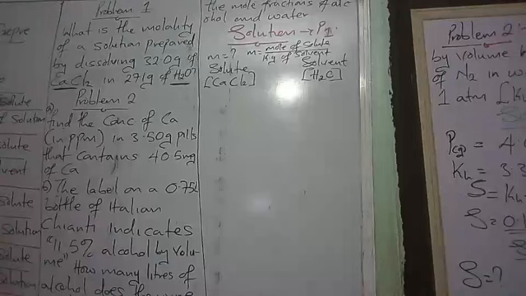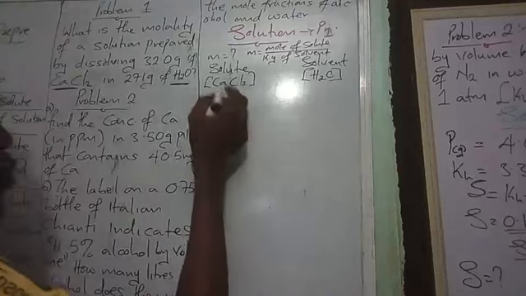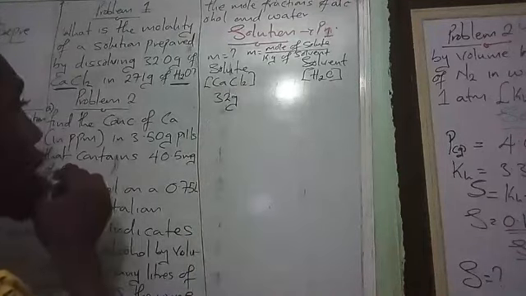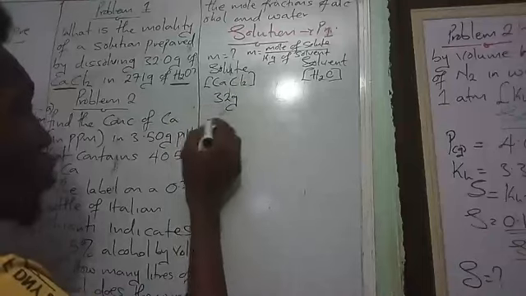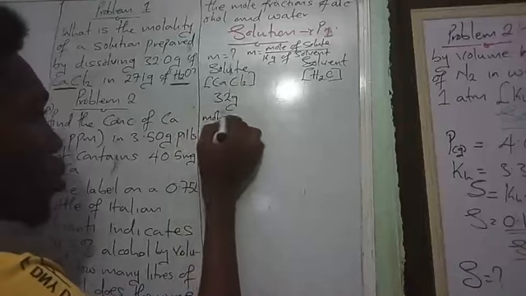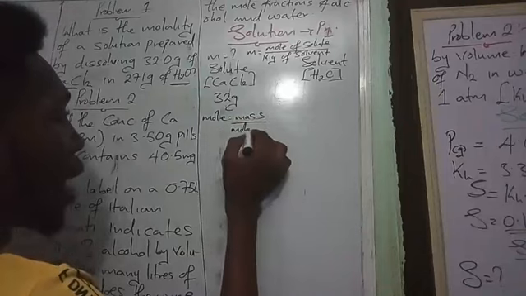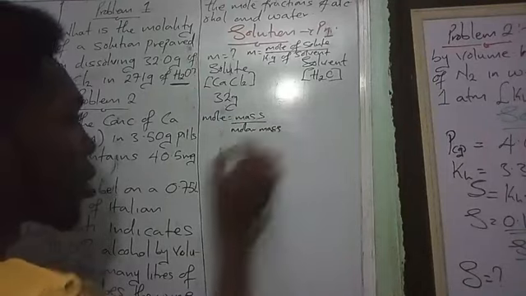So this is prepared by dissolving 32 grams of CaCl2. 32 grams of this is present. To convert this to mole, remember that mole is equal to mass all over molar mass.